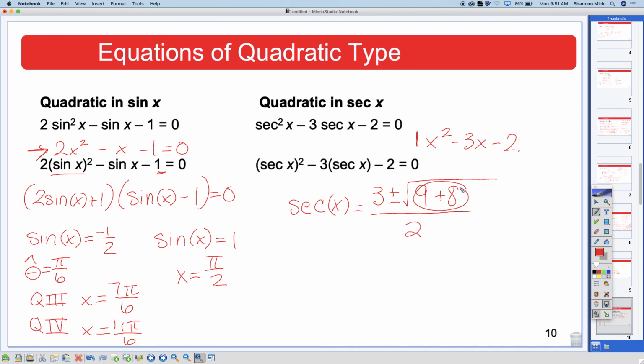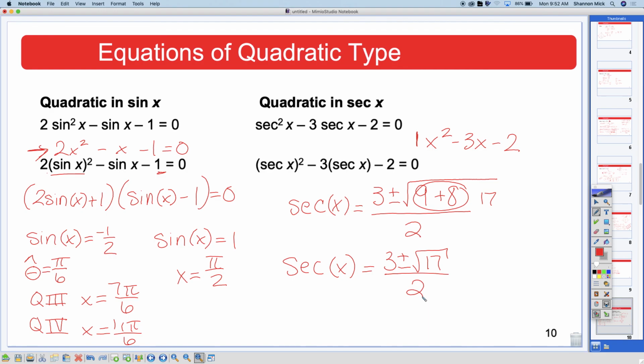So this is 17, right? We can't do anything with that. Too bad it wasn't a negative, then it'd be 1, and the square root of 1 is 1, but then we would have been able to factor in the first place, right? So now I have secant of x equals 3 plus or minus the square root of 17 over 2. And we're done.